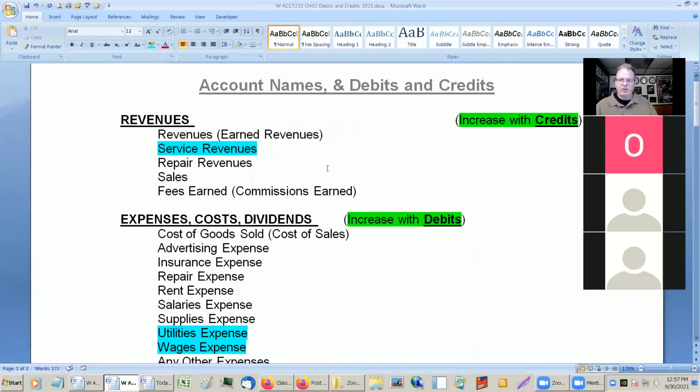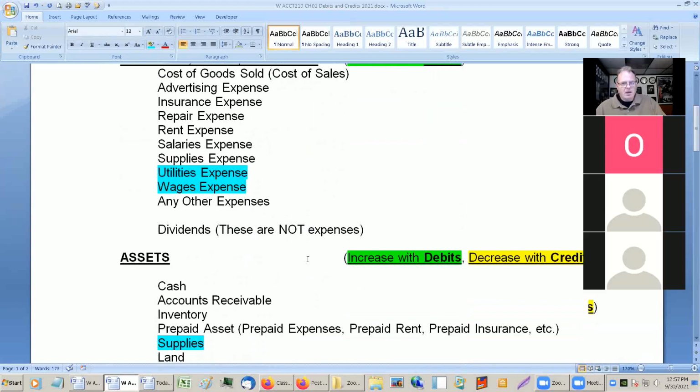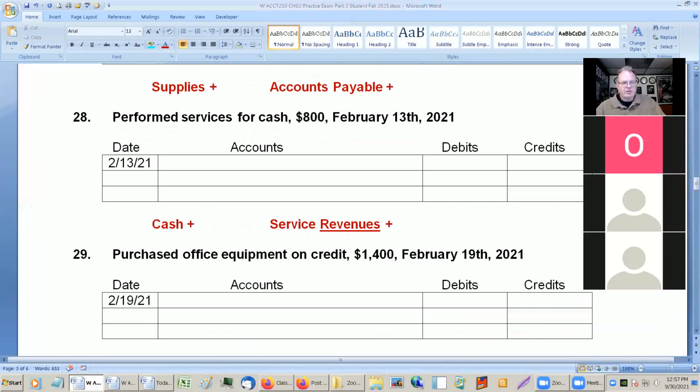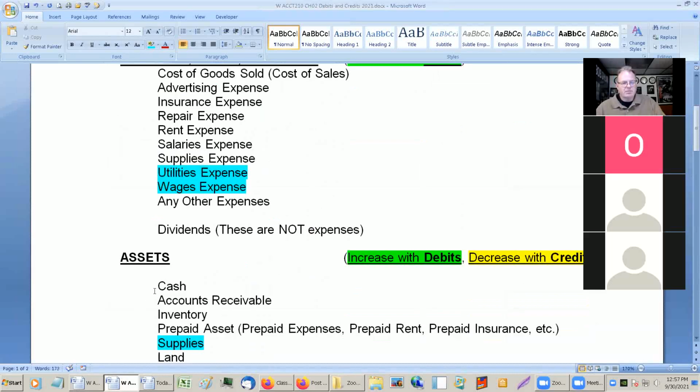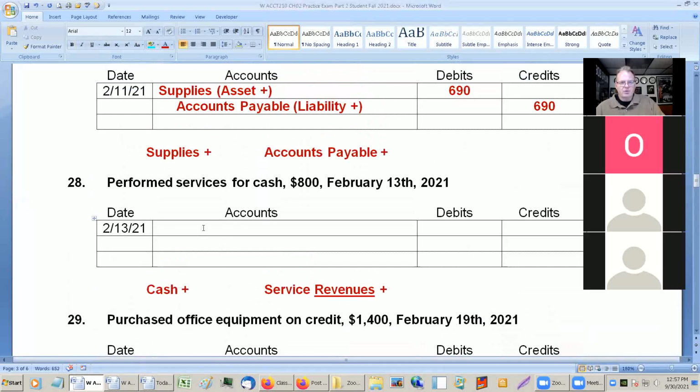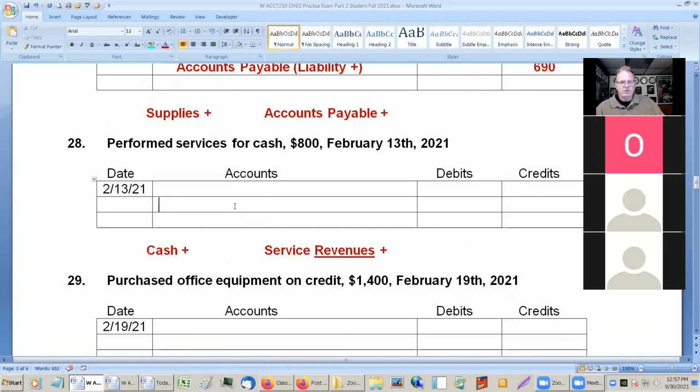Whenever you run into revenues, it's kind of like expenses. There's only one possibility. And just that quick, I forgot what's on the other side. Cash. Okay, so cash goes up with a debit. So again, you run into a revenue. You can just put revenue too, either one.